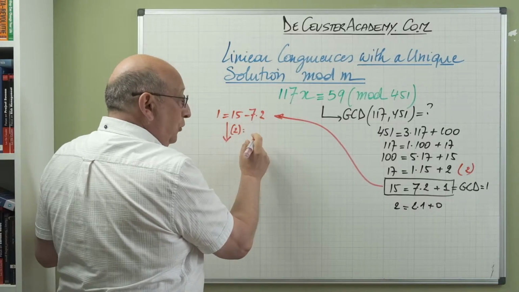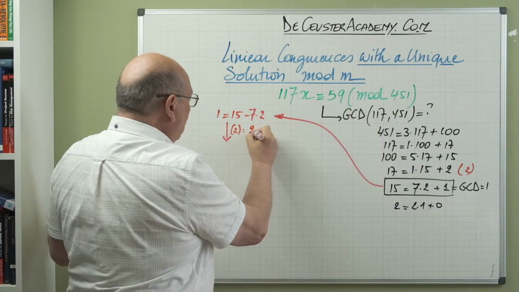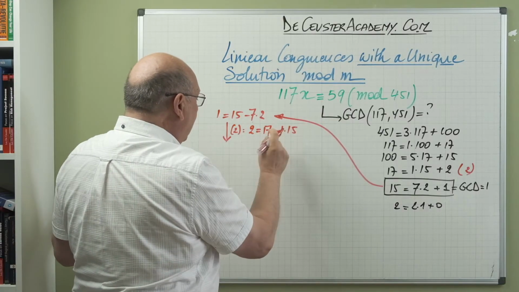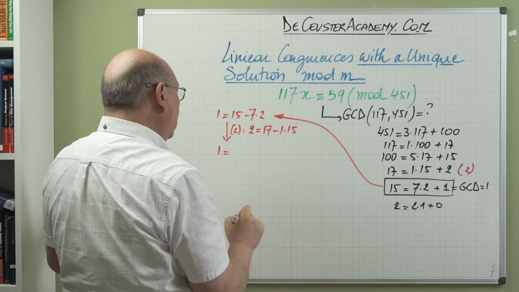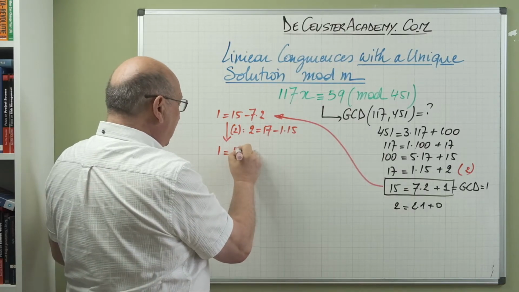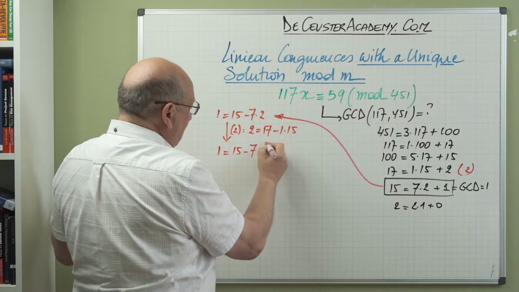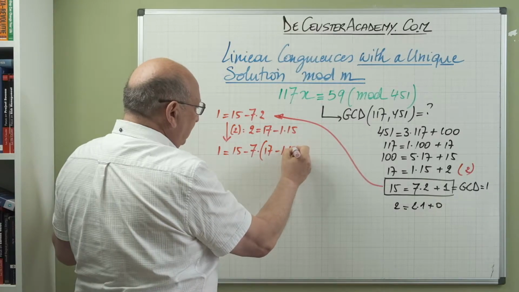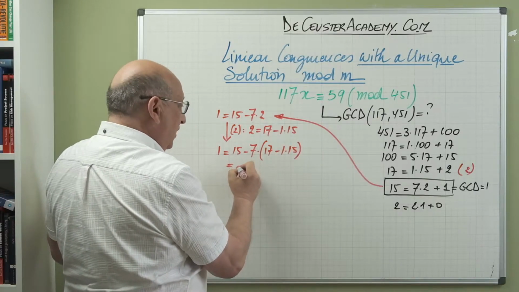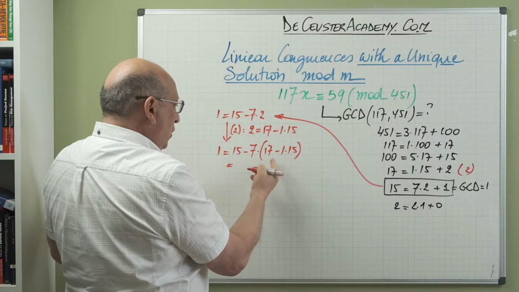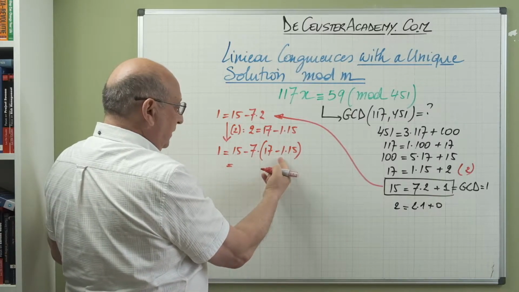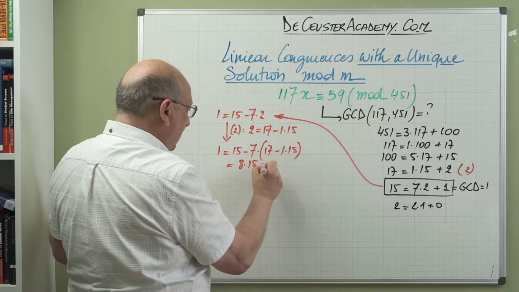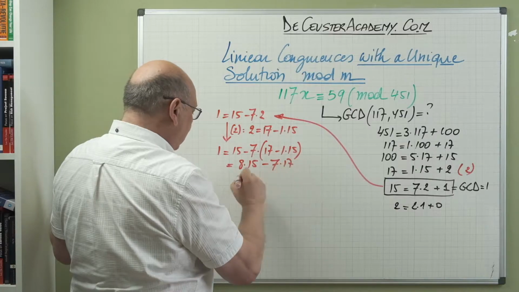So the second equation is 2 is equal to 17 minus 1 times 15, and we bring it in this equation. So I find 15 minus 7 times, and I replace the 2 by its expression 17 minus 1 times 15, which is basically 7 times 15 plus, of course, minus 7 times minus 1 is 7 times 15 plus 1 is 8 times 15 minus 7 times 17.